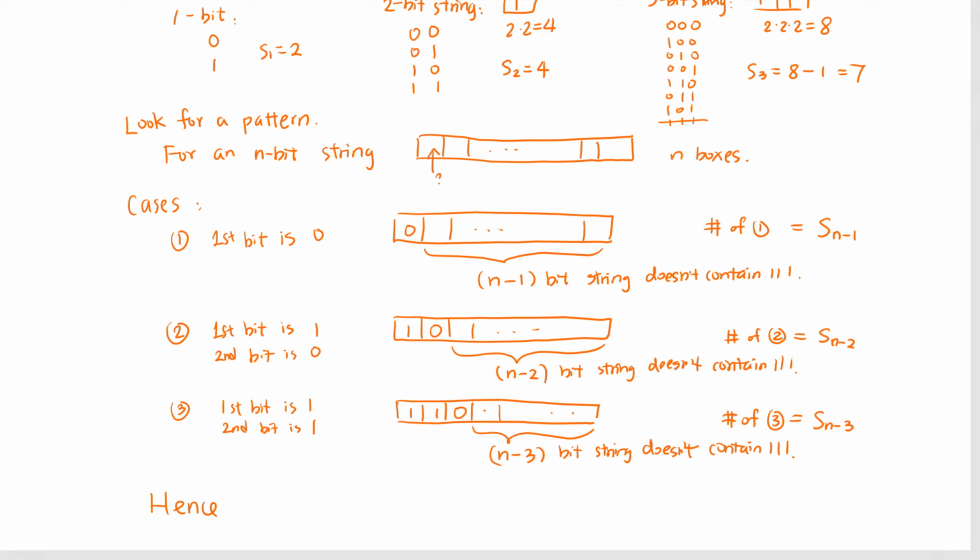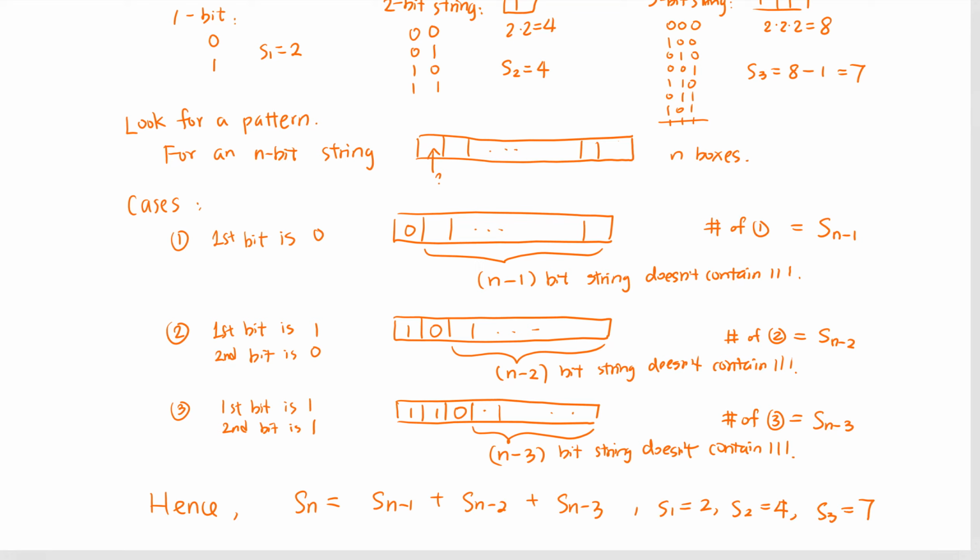Therefore, S sub n is the sum of the numbers of the different cases. So that's S sub n minus 1 plus S sub n minus 2 plus S sub n minus 3. Together with our initial conditions, S1 is 2, S2 is 4, and S3 equals 7.